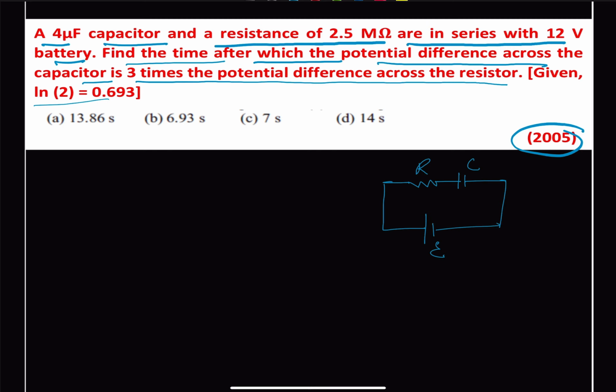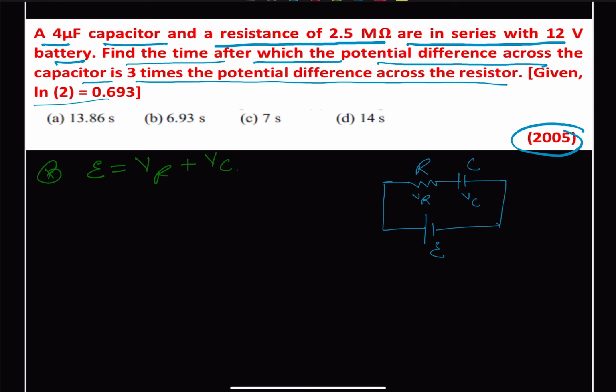Suppose the voltage drop across R is VR and the voltage drop across the capacitor is VC. Therefore, we can write that the EMF E will be equal to VR plus VC.